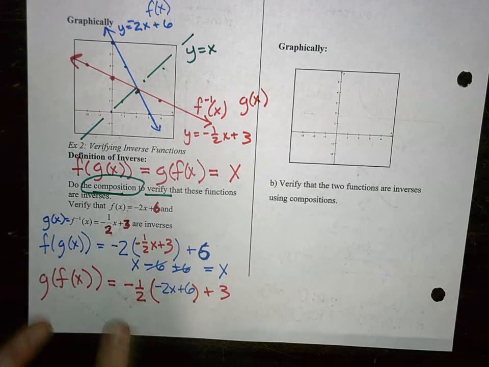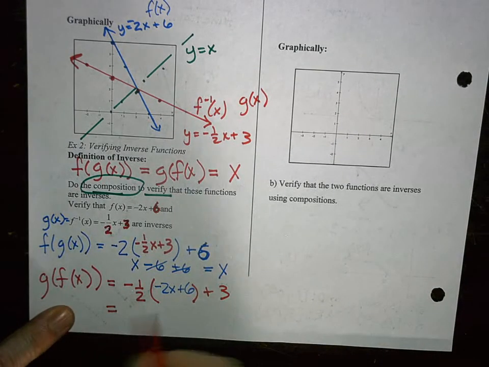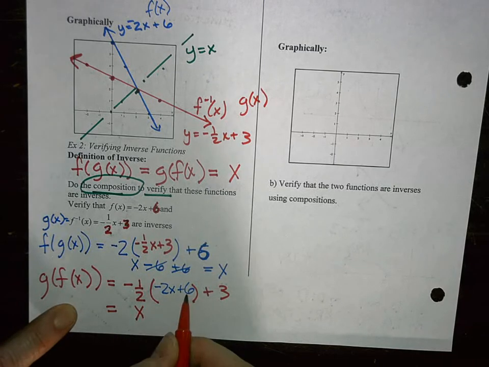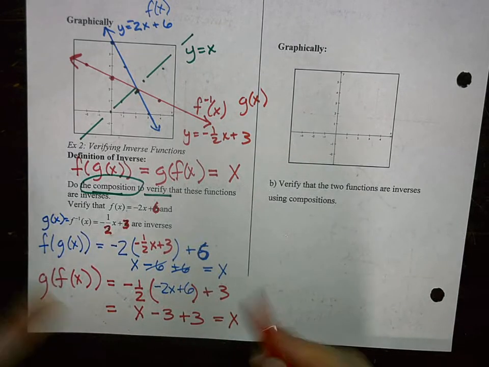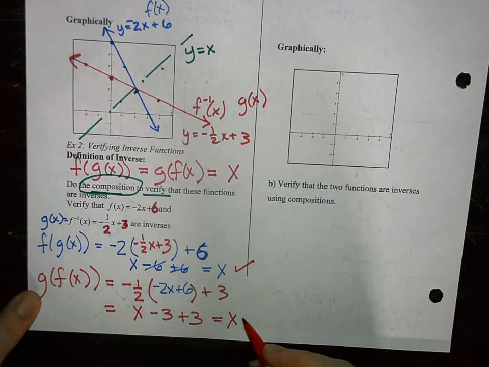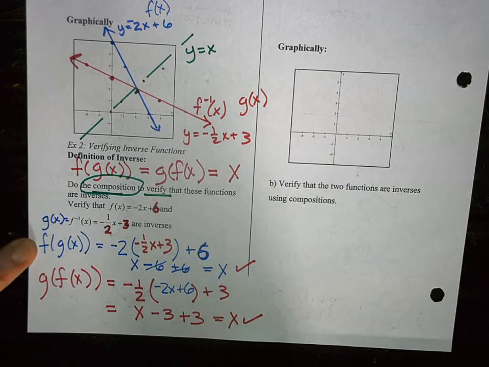This is doing the compositions. Now I'm just going to do the math. Negative 1/2 times negative 2x is x. Negative 1/2 times positive 6 is negative 3, plus 3, equals x. So f of g of x equals x, and g of f of x equals x. I have verified that these two are inverses of one another.